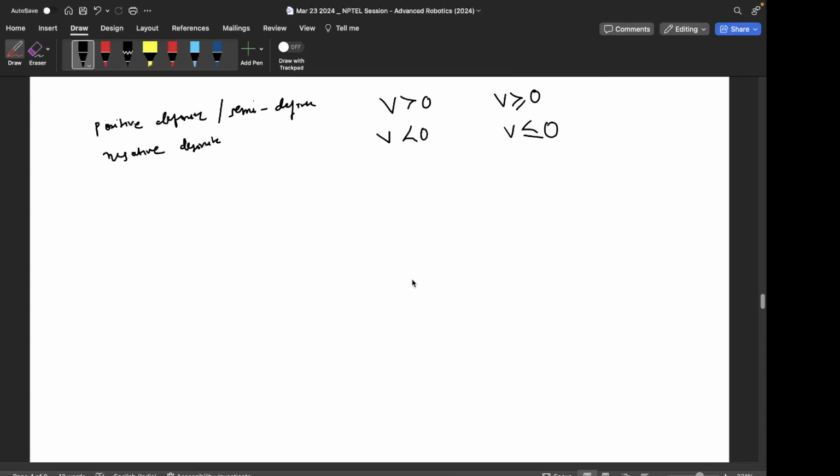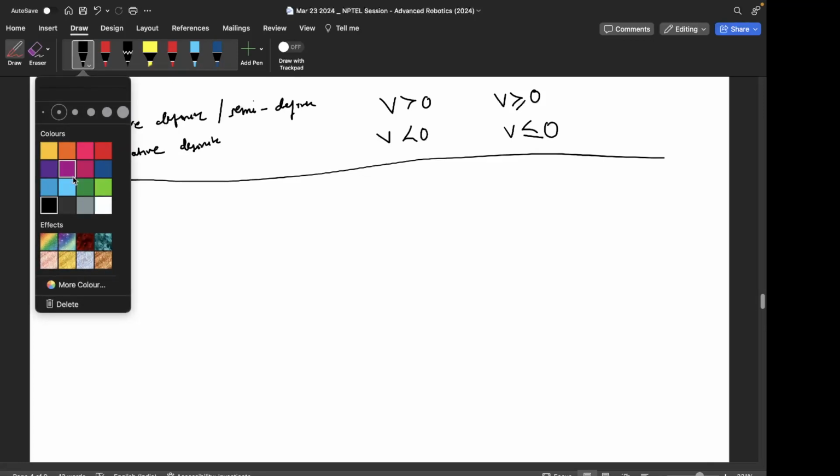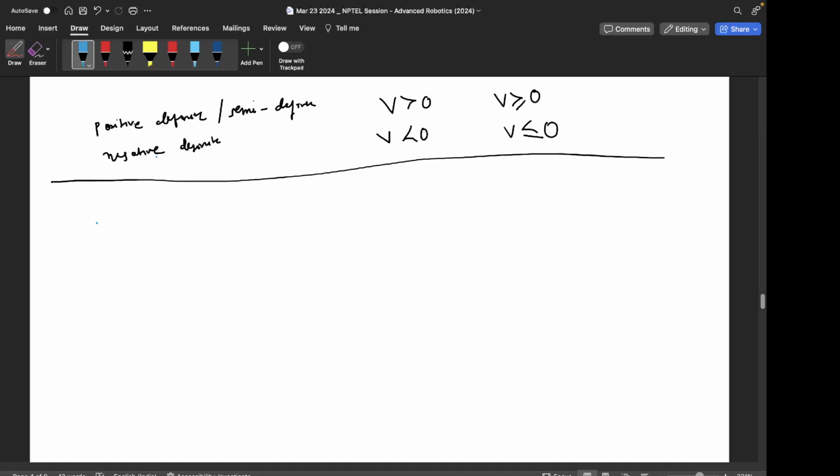Okay, so let's take an example. Let's take an example of a pendulum.